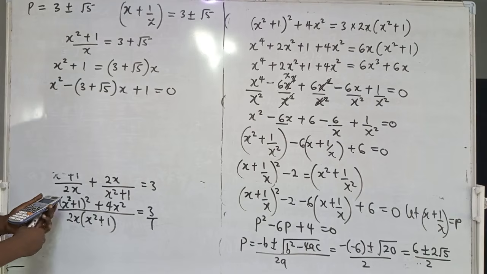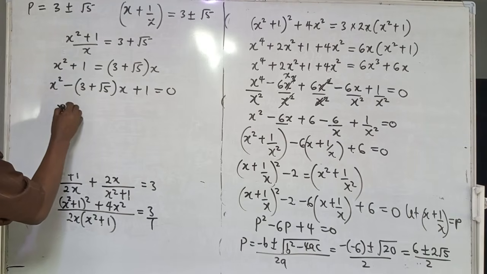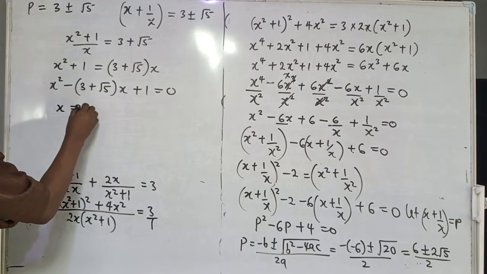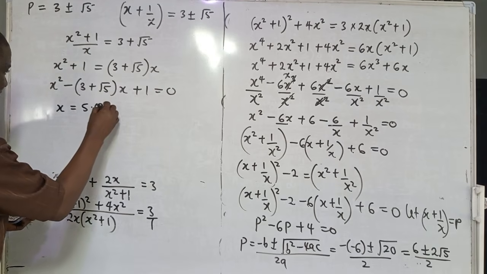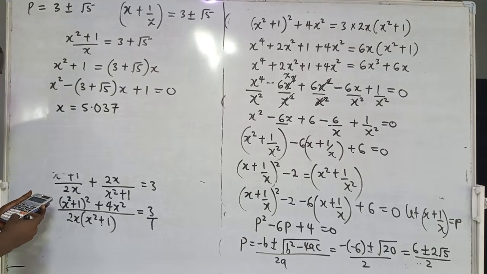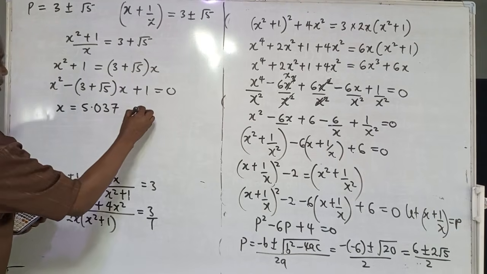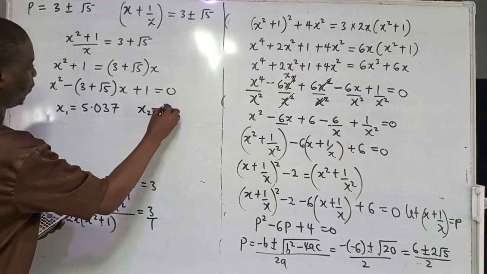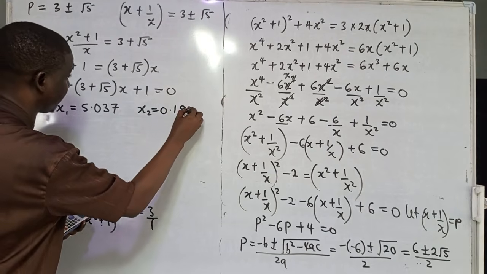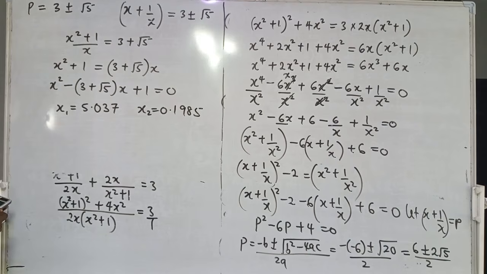So what do we have? Our first answer for x will now be 5.037. The second answer, s2, is 0.1985. That's what I want to have now.